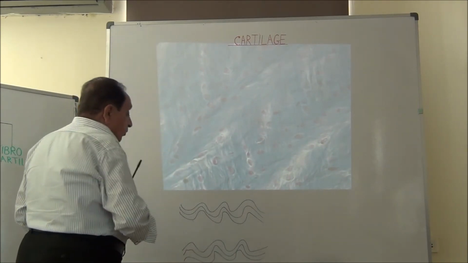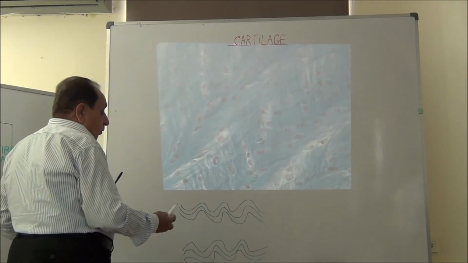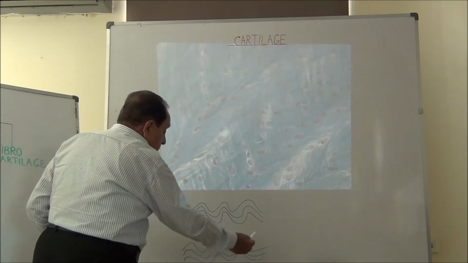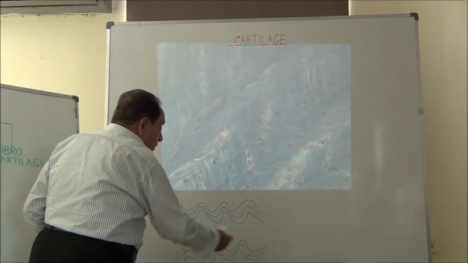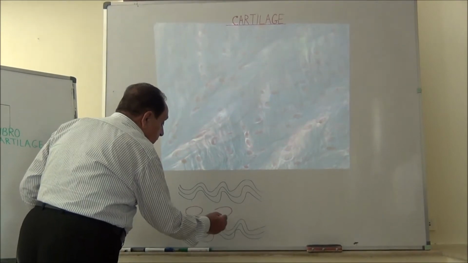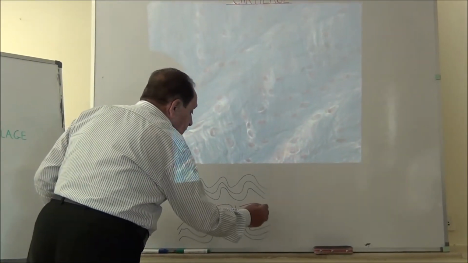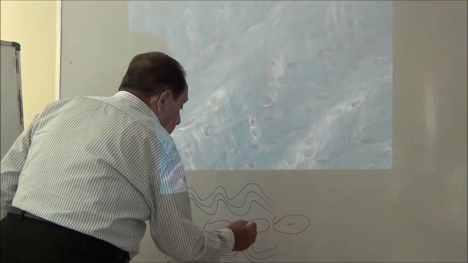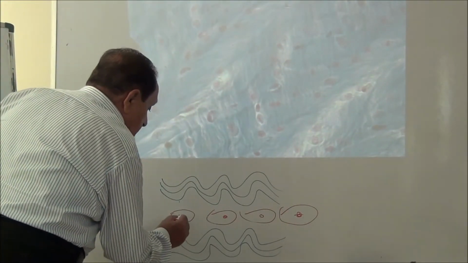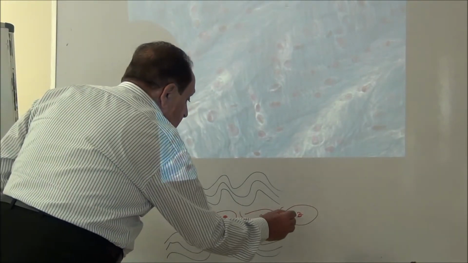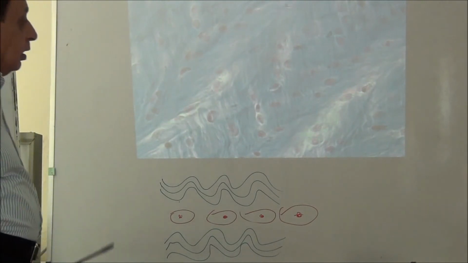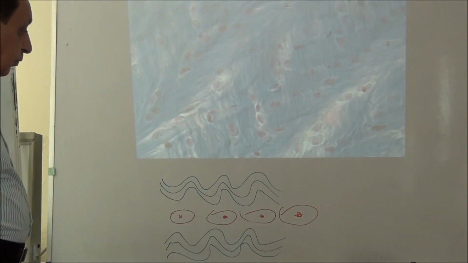And between these bundles of collagen fibers, there is a space where the fibers are not present. It contains only the cells, chondrocytes. And these cells are present in rows in fibrocartilage.